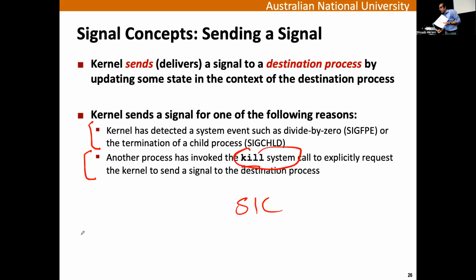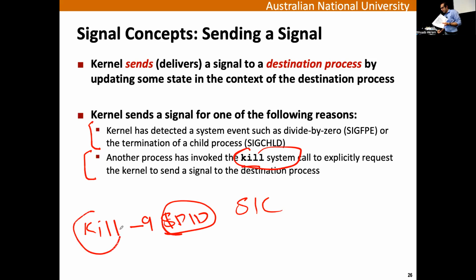So if any of you have ever used the kill application from the shell, you can actually kill a running process. If you have the specific process ID, you can use a kill utility to kill the process. And internally, this utility uses the kill system call. So shell as a program is communicating a signal, a message, to a different process.